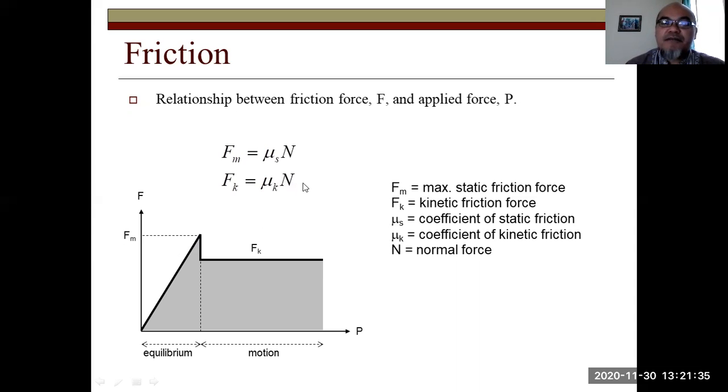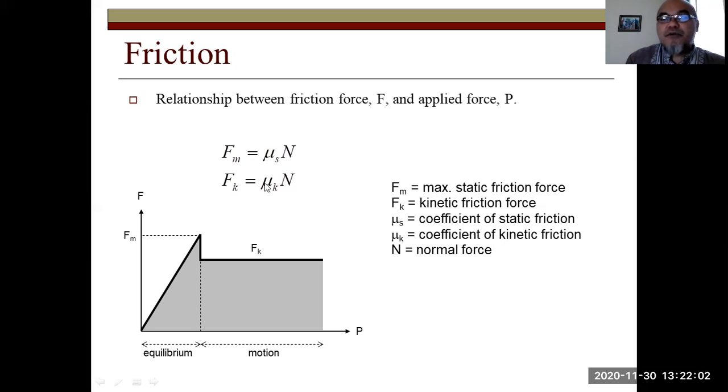The value of Fm equals mu s times N. What is mu s? Mu s is the coefficient of static friction. When the object is already moving, the opposing friction force, the kinetic friction force, is called Fk. Fk equals mu k times N, where mu k is the coefficient of kinetic friction.